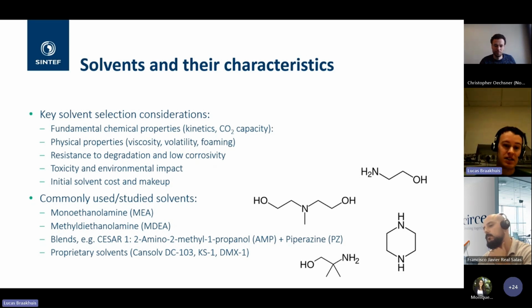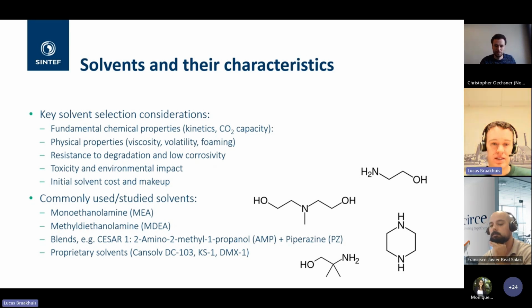In addition, the physical properties are very important. Viscosity, volatility, and foaming. The viscosity can affect the mass transfer rates in the absorber and desorber. Volatility of the amine can lead to emissions, and foaming can really disrupt the performance also of the process.